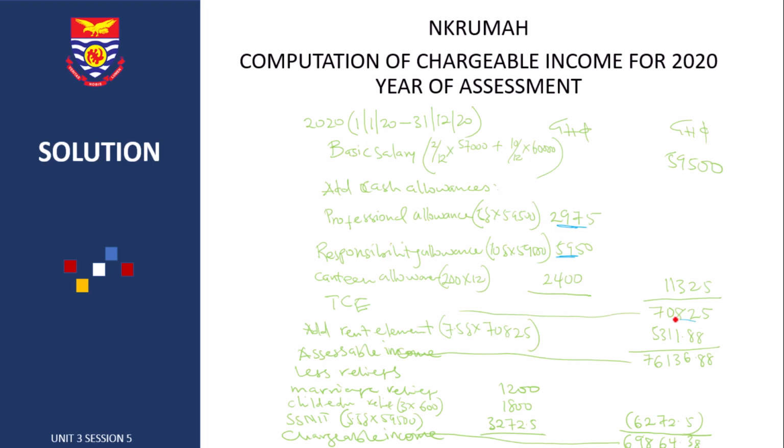It will affect total cash emolument, and this will affect the rent element. This will affect assessable income, and lastly, it will affect your SNIT. It means that your total reliefs to charge will be affected, and your chargeable income will also be affected. So whenever you are given the salary scale to calculate basic salary, please take your time and make sure you get it correct. If not, at the end of the day, you are going to score a lower mark.